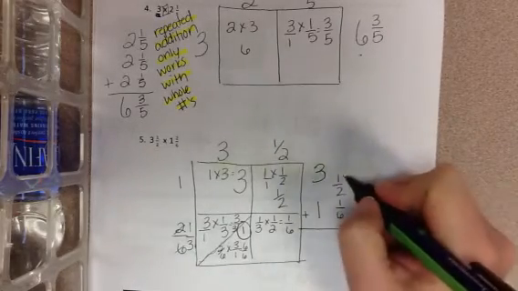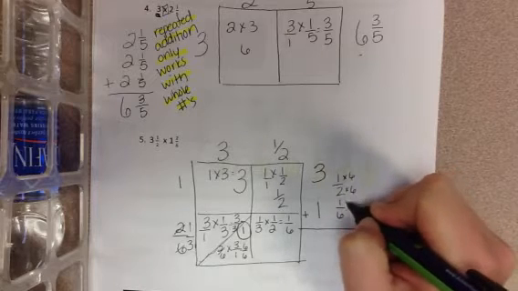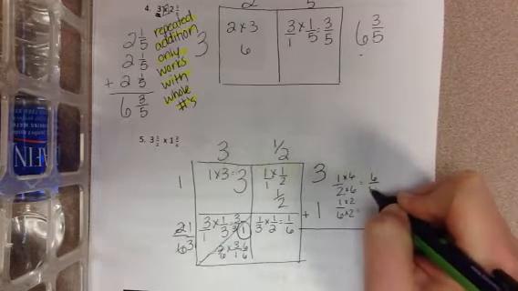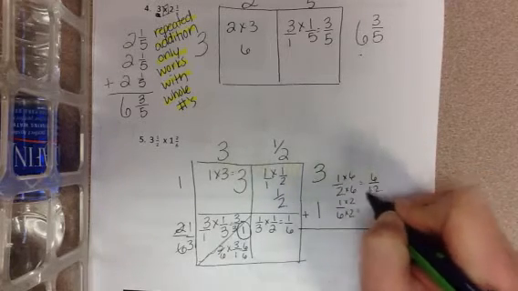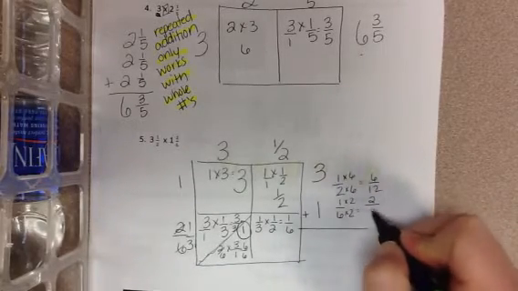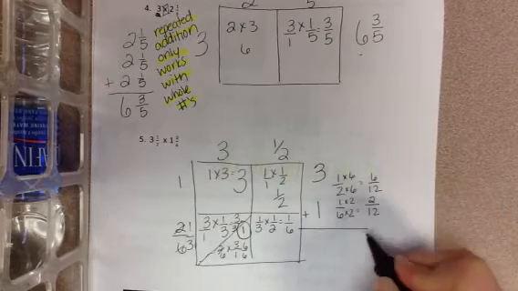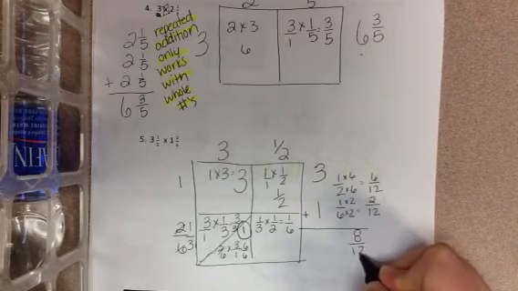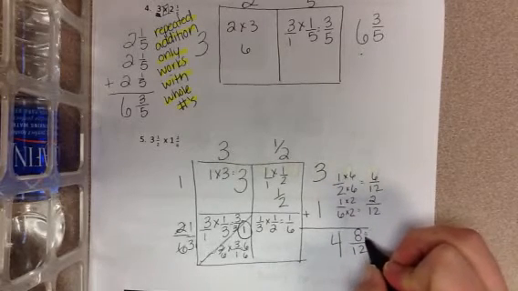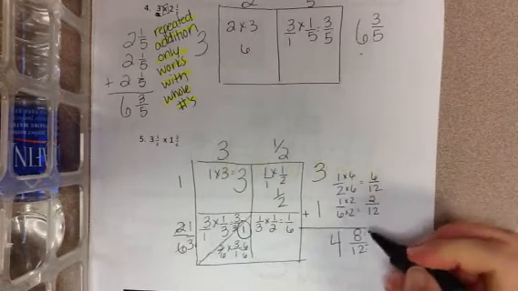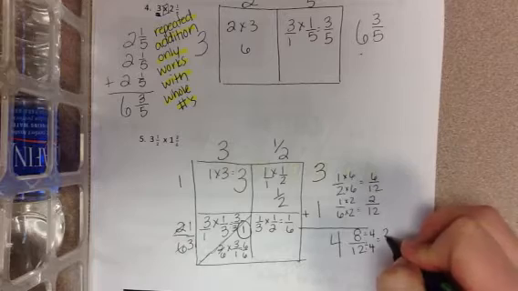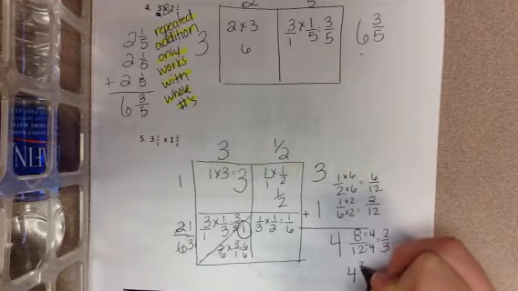I have to find common denominators. 1 times 6 is 6. 2 times 6 is 12. 1 times 2 is 2. 6 times 2 is 12. 6 plus 2 is 8. 3 plus 1 is 4. This can be simplified. What can go into both 8 and 12? 4 is the largest number. So I get 2/3.